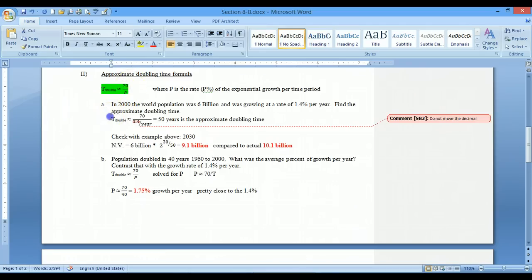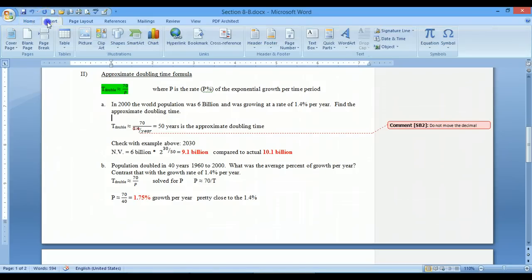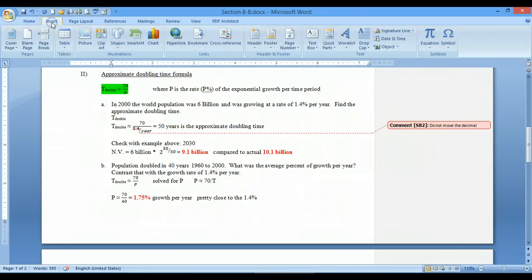Now this is a little new, to see this approximation sign. Those of you who have started with me at the beginning know I repeat myself. So I'm going to show us how to write T with a subscript. Click here, type in double, get out of the subscript, and then approximately equal: insert, symbol.